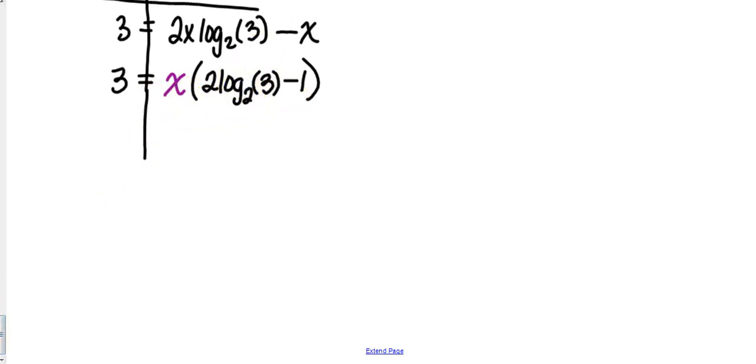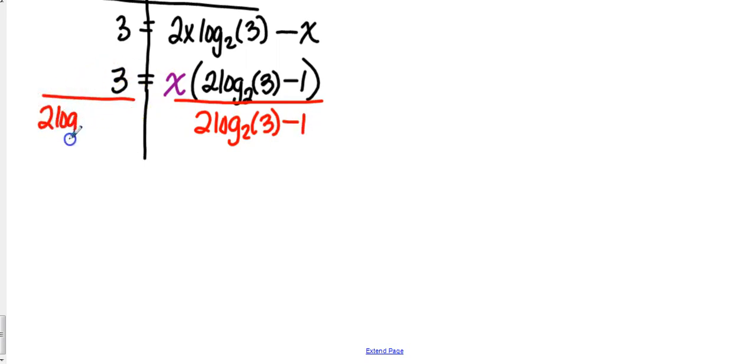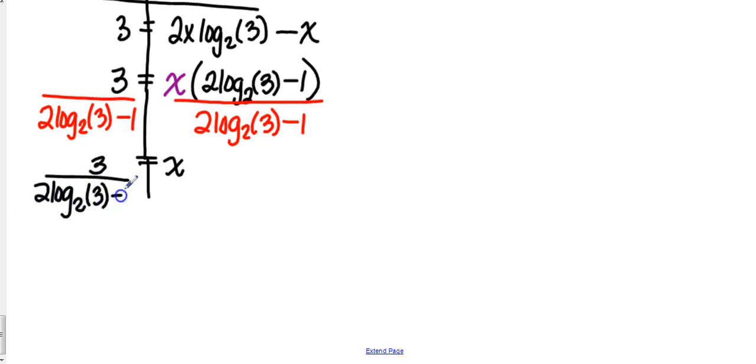So these are now factors, which means I can now divide by that factor. And we get x equals 3 divided by 2 log base 2 of 3 minus 1.